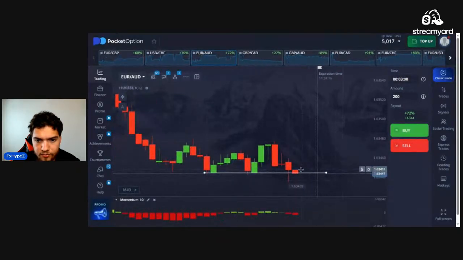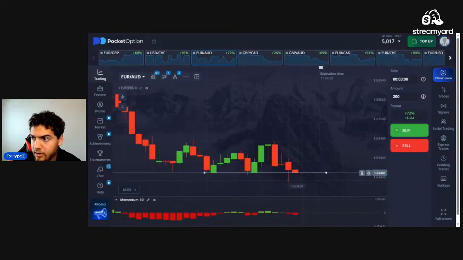So if we get a firm break of support here at 1.63448, I'll open a 3-minute sell on this break. A little momentum and support break combination.